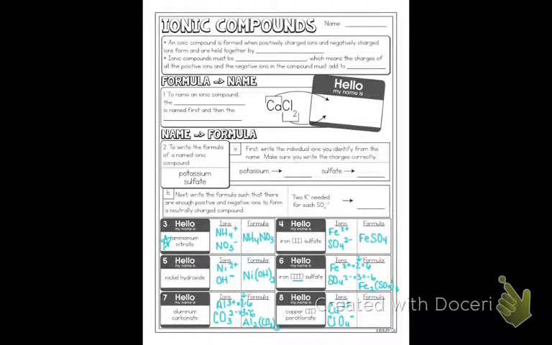Well, I only have one minus 1 charge of ClO4, but I have a plus 2 charge on the copper ion, so I will need 2 perchlorates to balance out the plus 2 charge for copper. So I would write the copper, and then in parentheses, since I need 2 perchlorates, I would put a 2 outside the parentheses. So that gives you some examples with quick explanations on how to name with polyatomics.